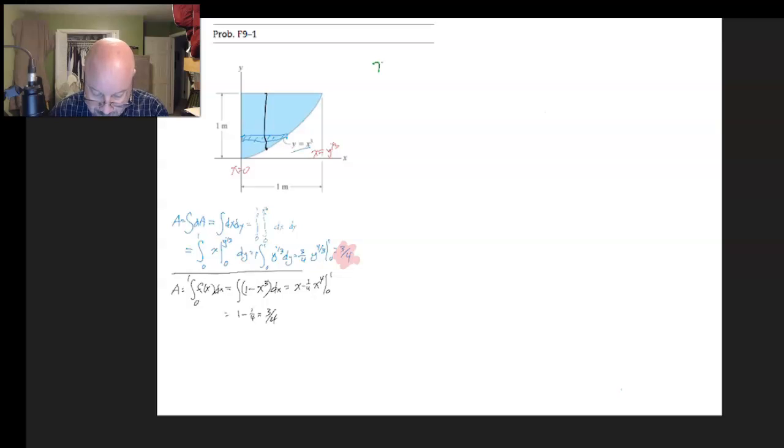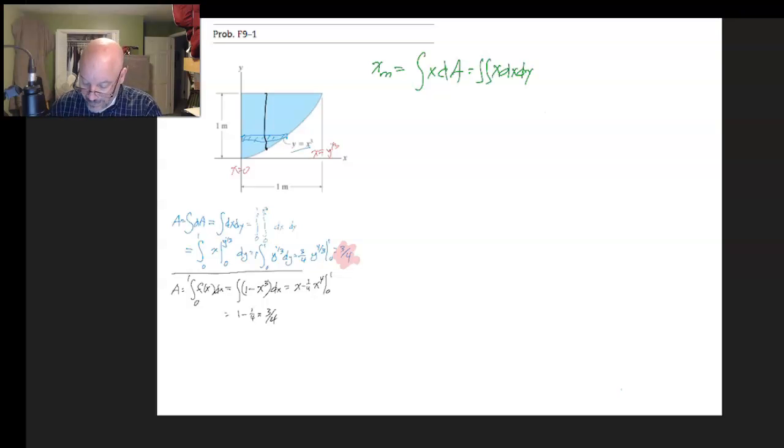So I've got x sub m, and that's going to be equal to x times my function thing, and in this case, that is my dA. So I'm going to have a double integral of x dx dy.